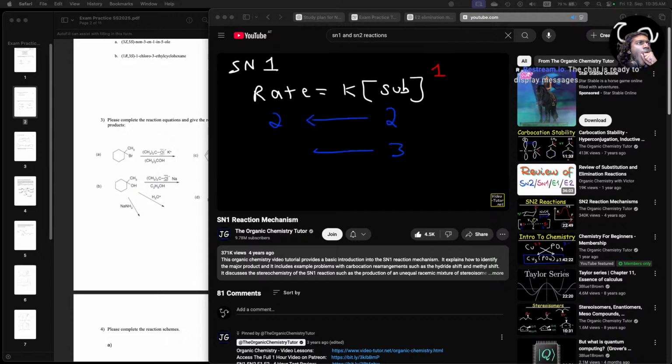If you triple the concentration of the substrate, the rate will triple. So it's a unimolecular reaction, whereas an SN2 reaction is a second-order nucleophilic substitution reaction or a bimolecular substitution reaction. Uni means 1, bi is associated with 2.